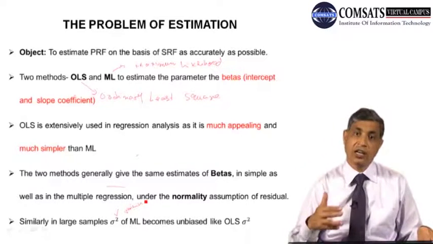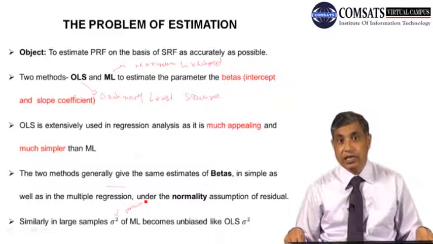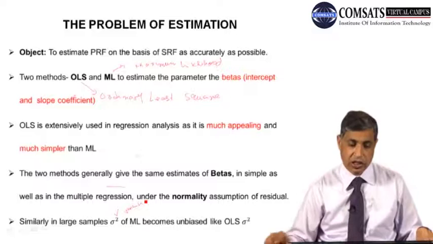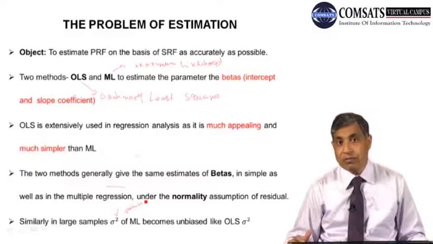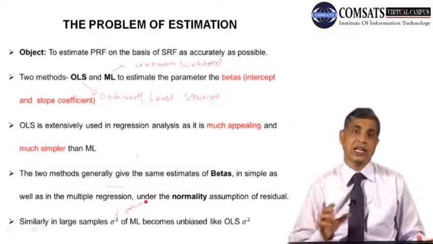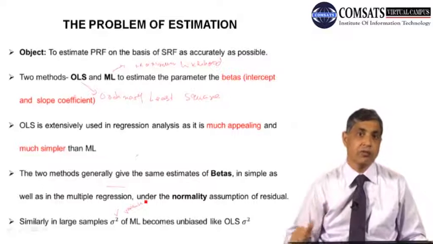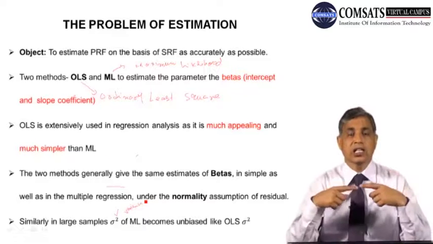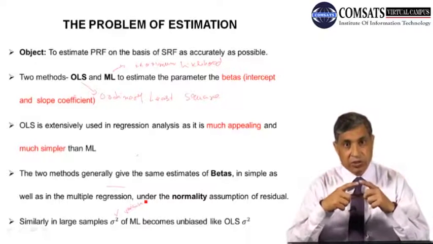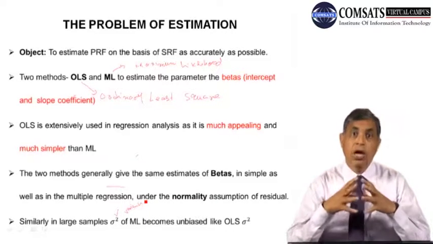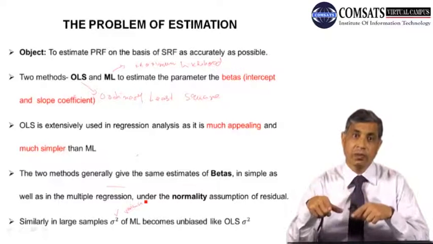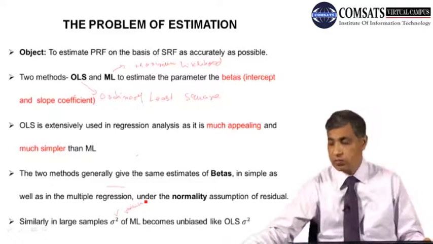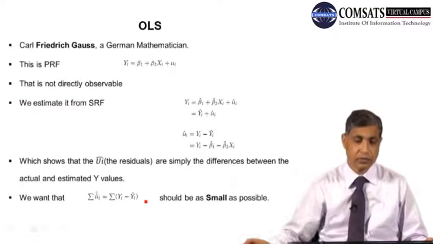There is another parameter, sigma square, the variance. In a small sample, in the case of maximum likelihood, it becomes biased, but in a large sample the variance of the error term calculated from maximum likelihood or OLS becomes similar.